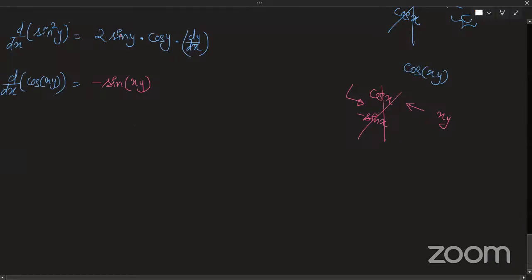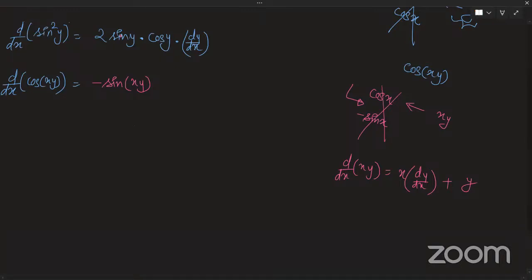How will I differentiate x into y? How will I do this? Derivative of x, y will be constant. Great. So basically, it is product of two functions, right? So again, you keep the first function intact, differentiate your second function, plus then the other way around. 1 into y, so 1 into y is y.